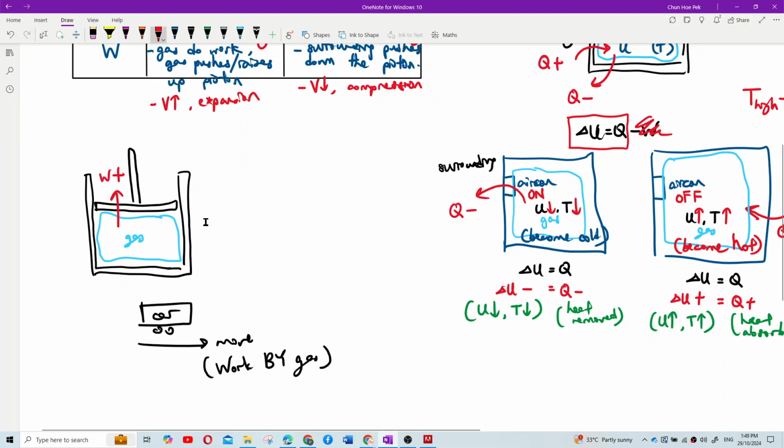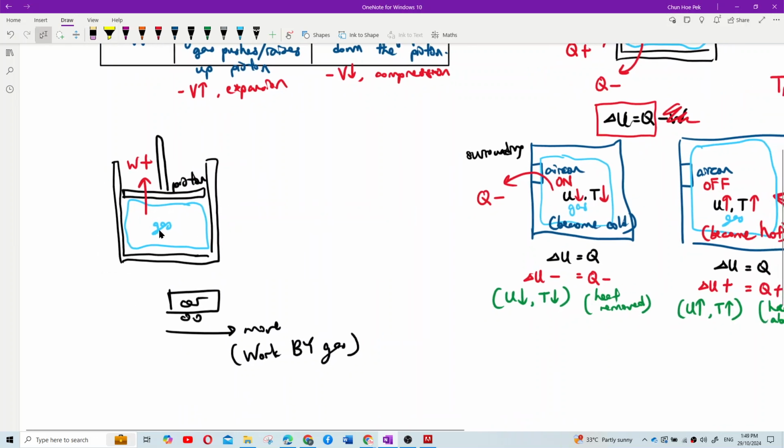So when this piston is being pushed up, yeah, the piston can move up and down, and then the wheel of the car rotate, and it can move the car forward. So gas can do work by moving the car. Yeah, so gas can do work. Okay, so look at here. Look at this formula.